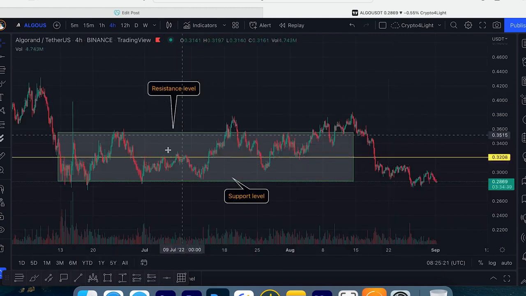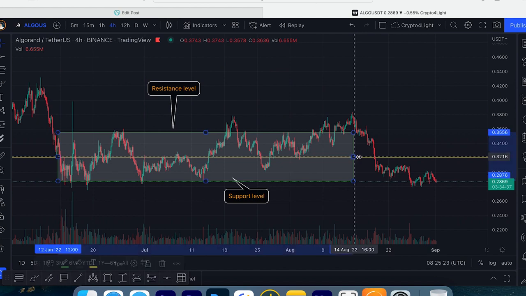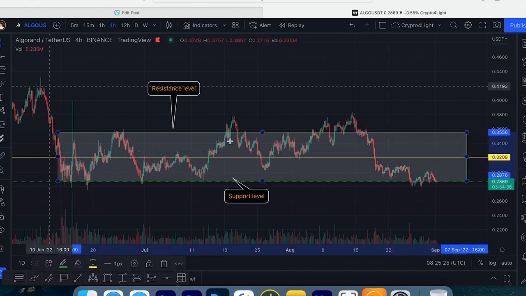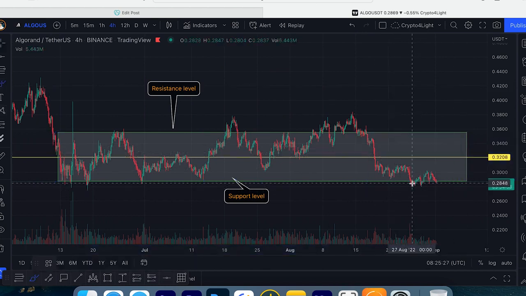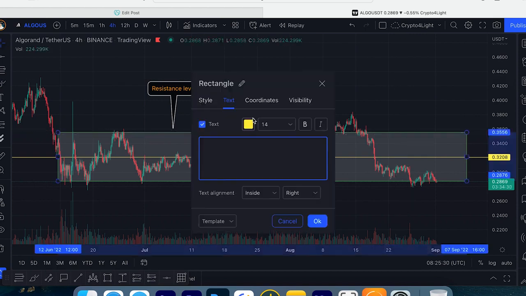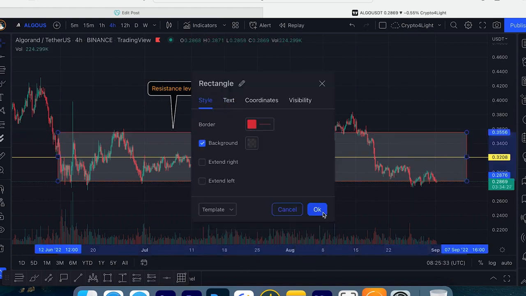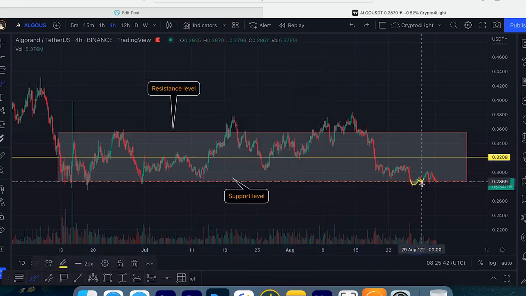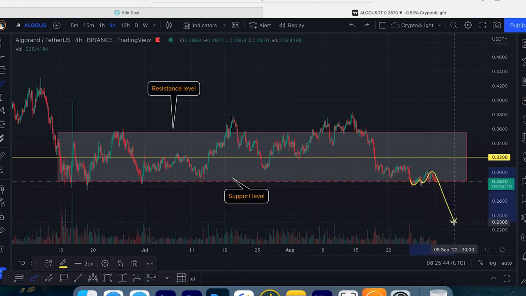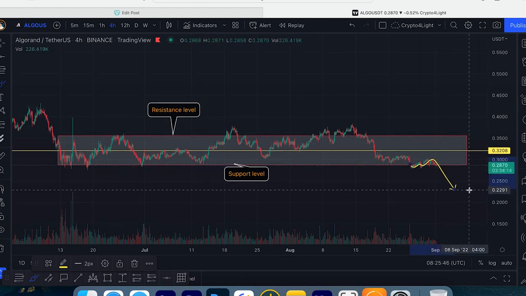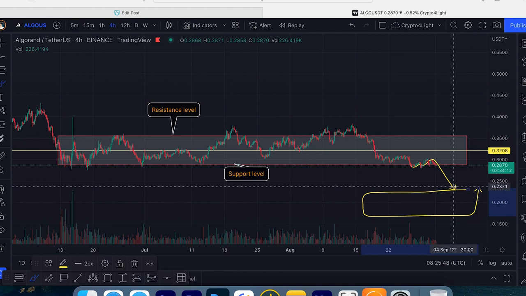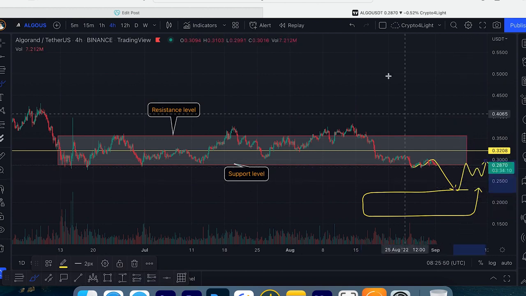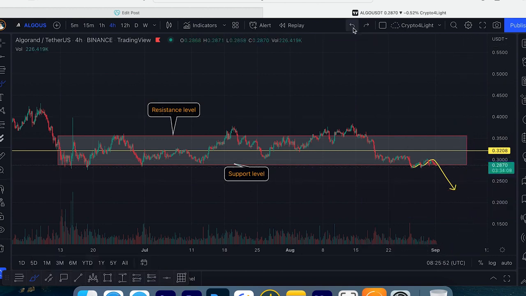Now it's a support zone, and if we're breaking out of this support zone, now this zone flips to a resistance zone. So now if we don't hold this line, we can break it out and go into the lower support area. And after this, we can go sideways once again, but at a lower price.